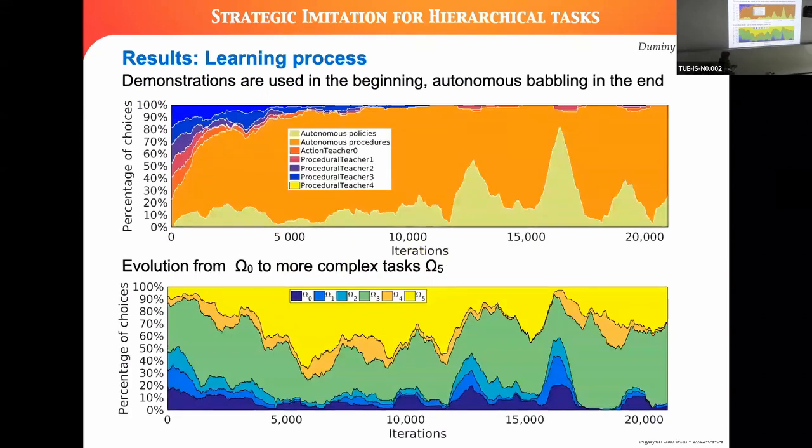If we look at the length of the learning phase, in the horizontal axis is the number of iterations during its learning phase. We can see that mainly it shows autonomous exploration of policies in the beginning, so this yellow thing.